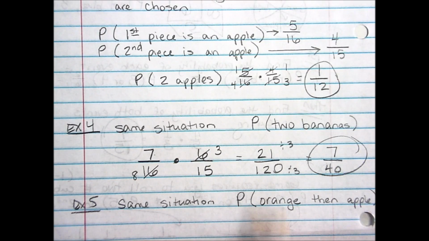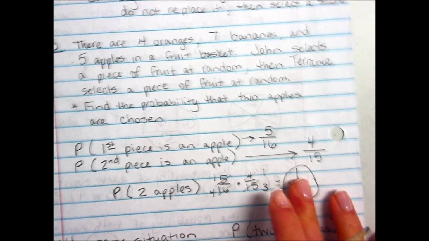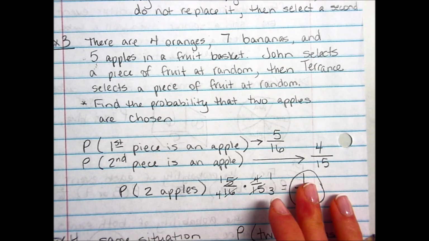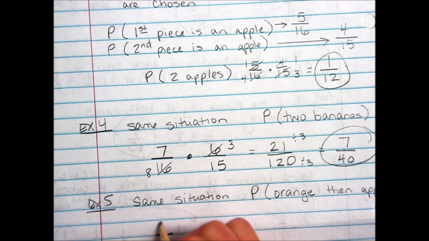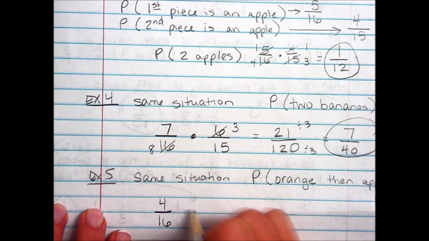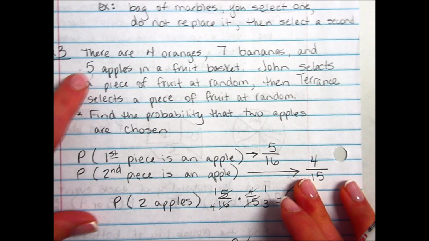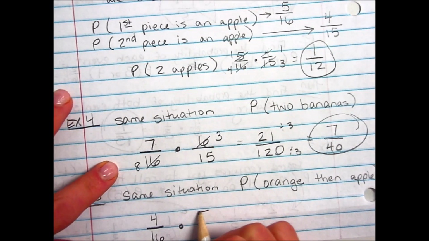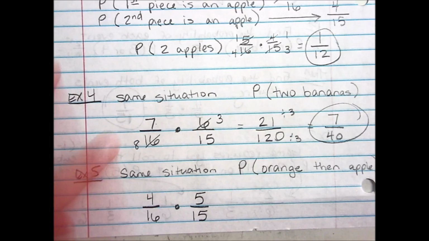Okay, so first let's see what's the probability of getting the orange. 4 out of 16. 4 oranges out of 16 pieces of fruit. Okay, and then on the second draw, getting an apple. 5 out of 15. All right, we have 5 apples still in the basket, but we only had 15 pieces of fruit left because we had drawn the orange out earlier.